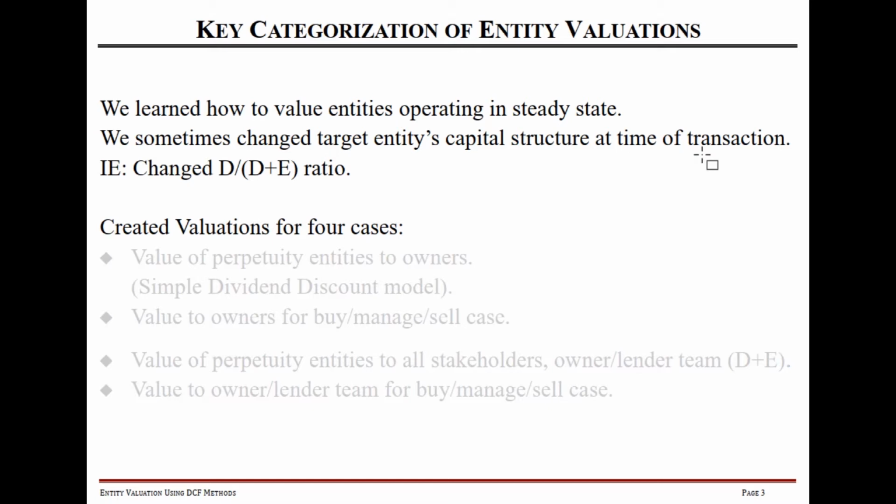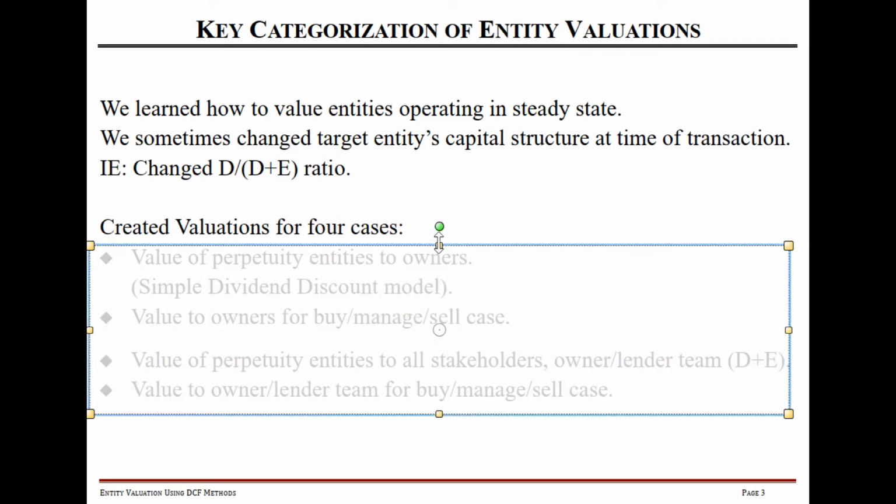And if we were looking at all stakeholders, it would be when we bought all of the stock and the current debt was called in, and our lending team would issue new debt to the company. So another way of saying that is that we would change the leverage ratio, or the D over D plus E ratio. And we created valuations for four cases.